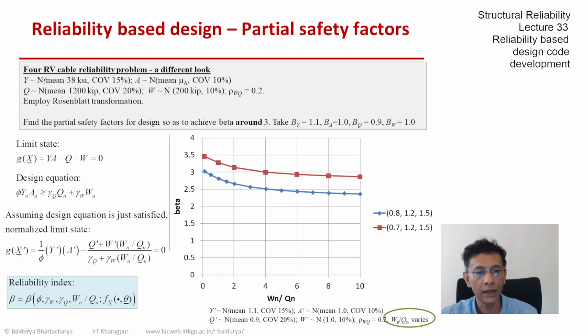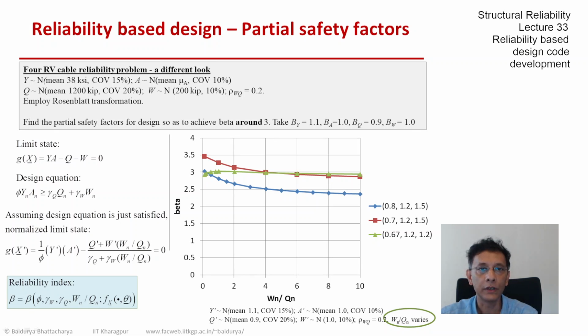Now, the last example that we see in this series would be, and obviously I have done many trials and errors, with 0.67 of phi and the gammas being equal, 1.2 and 1.2, which might be counterintuitive because they don't have the same level of uncertainty. But regardless, if this is acceptable, then we have a design equation which gives very accurate and almost unchanging value of beta.